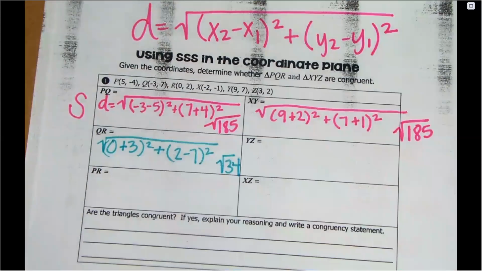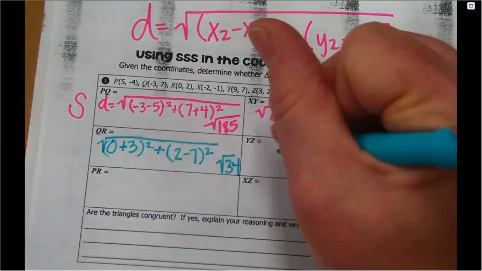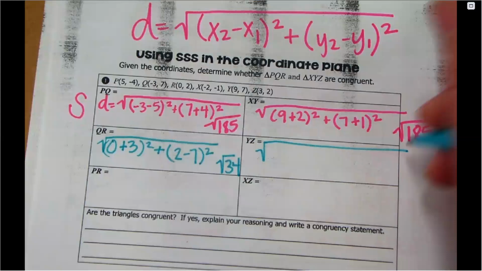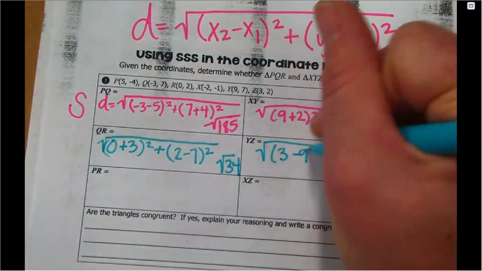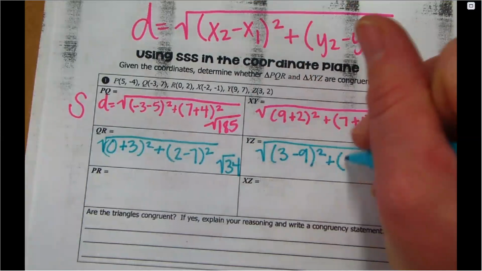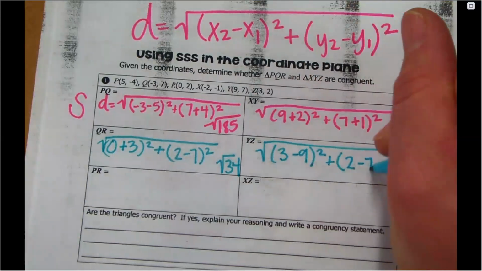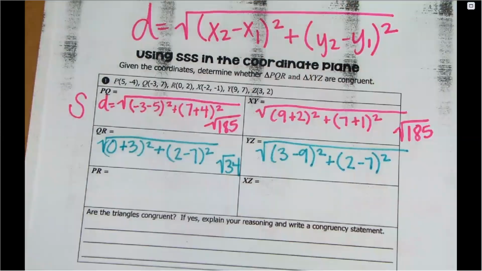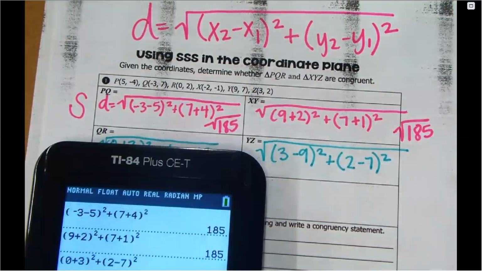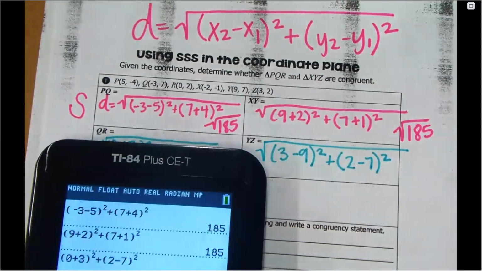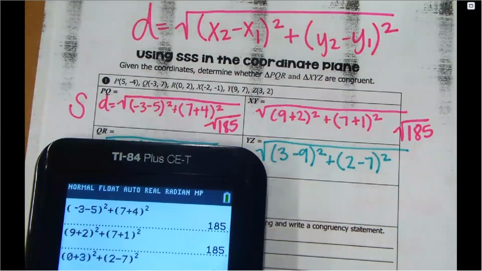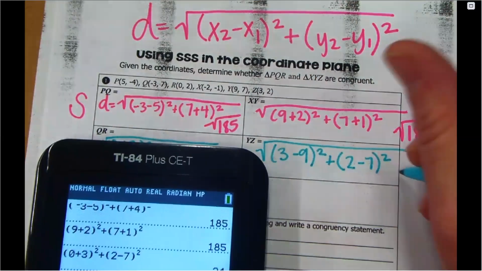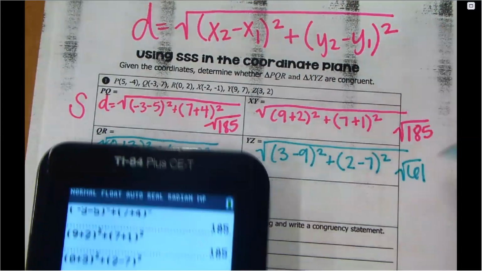Okay, now I'm going to do Y to Z. So this is not hard, you guys. It's just repetitive. It's remembering the formula. It just takes a second to do it. So I'm going to type this one in. 61.